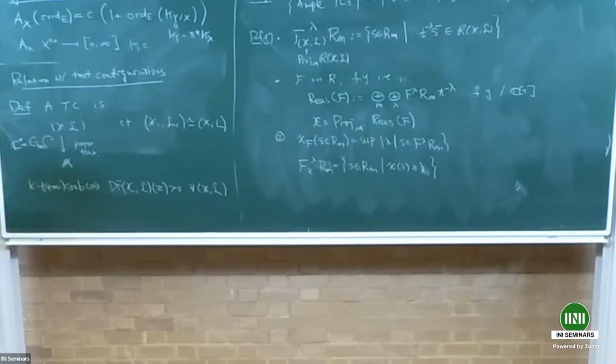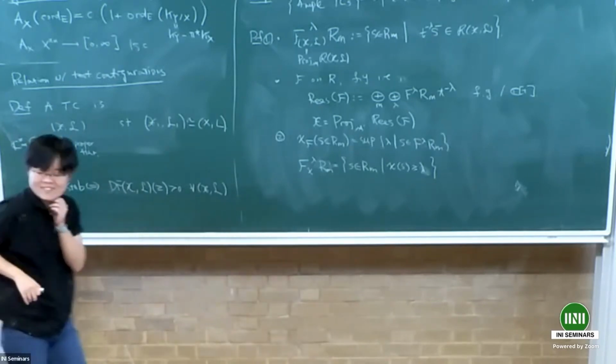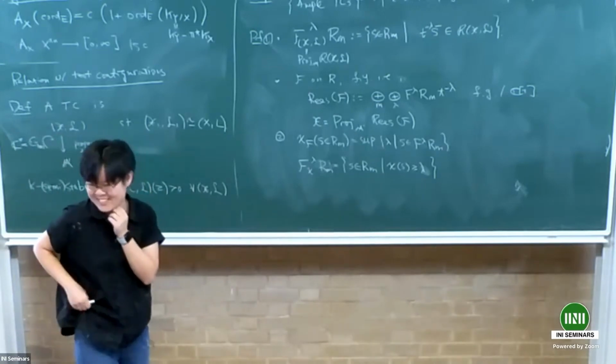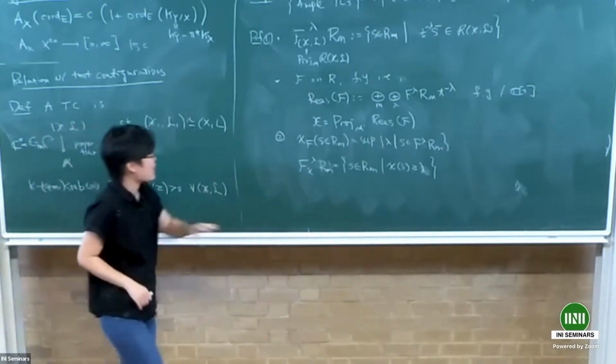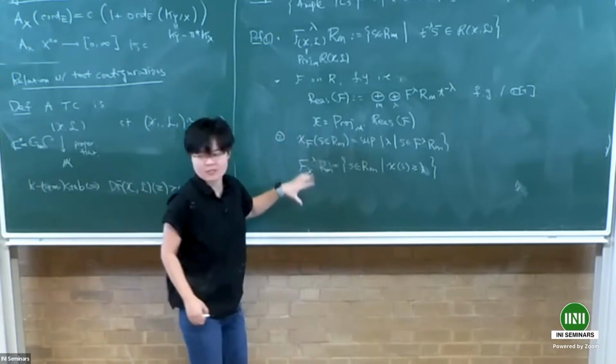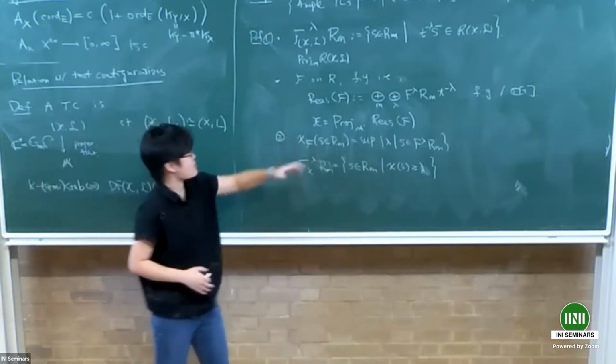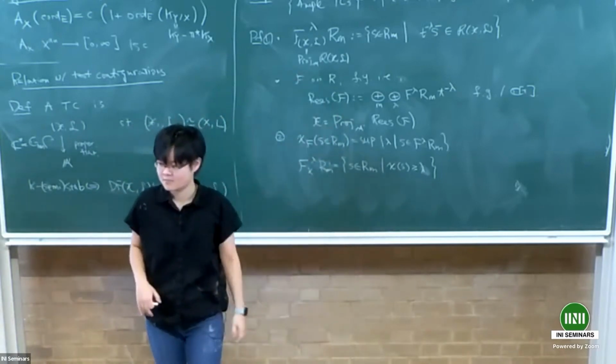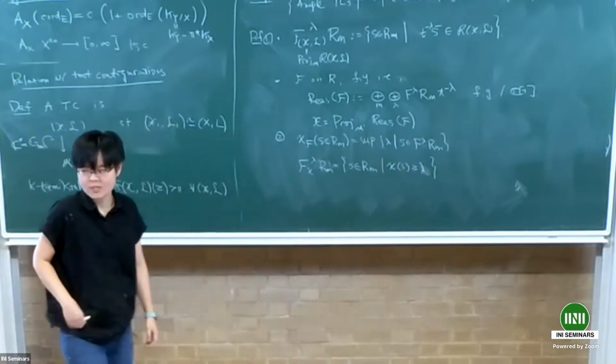Yeah, that's why I didn't write it in the first place. But through this correspondence, you can always translate to filtrations, and it's pretty much the same definition if you wish.